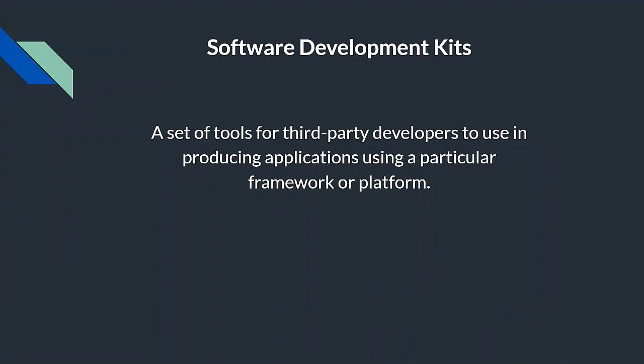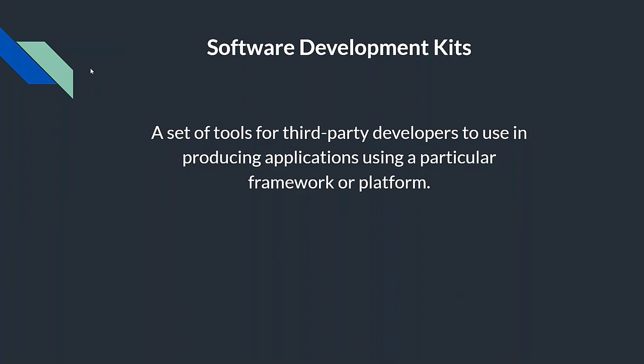So first off, what are SDKs? The textbook definition of SDKs, I've taken the liberty to have a Google search of it. This is a set of tools for third-party developers to use in producing applications using a particular framework or platform.